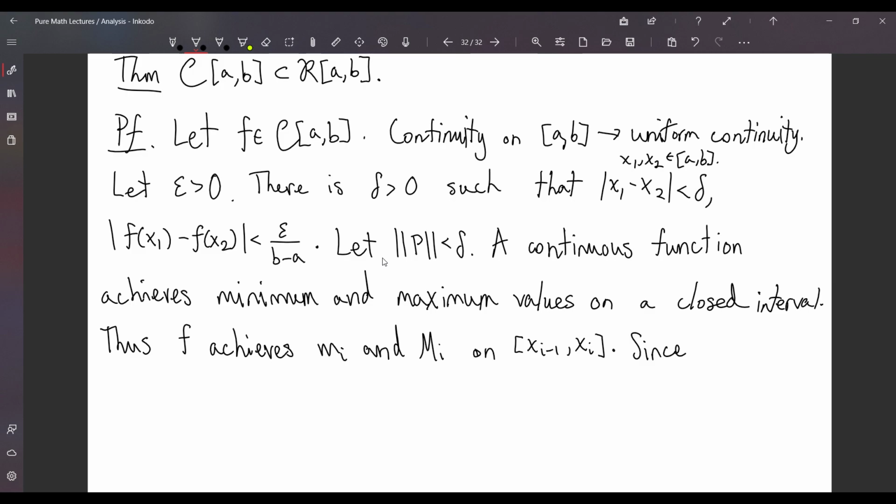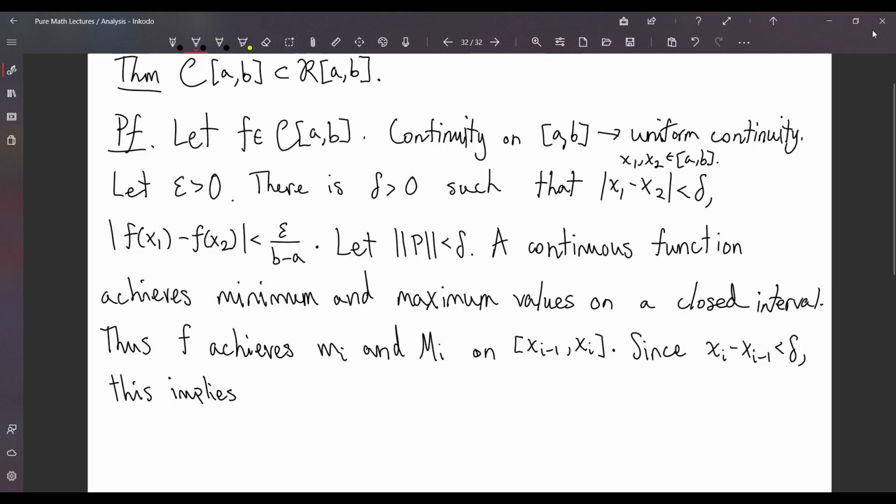Since, how should I say this? Well, since the width of this interval is less than delta, this implies, right, the minimum and maximum values don't necessarily have to be on the endpoints, but whatever x values they correspond to, the distance between those x values is at most the length of the interval, which is less than delta.